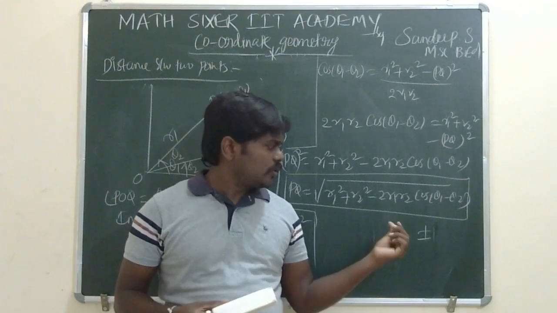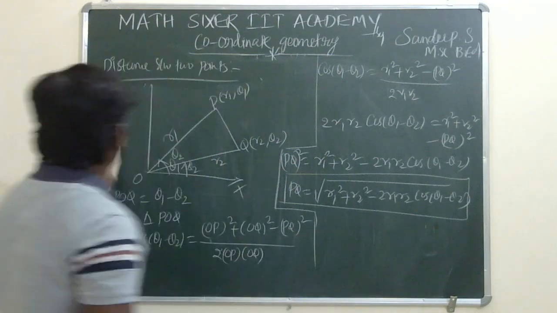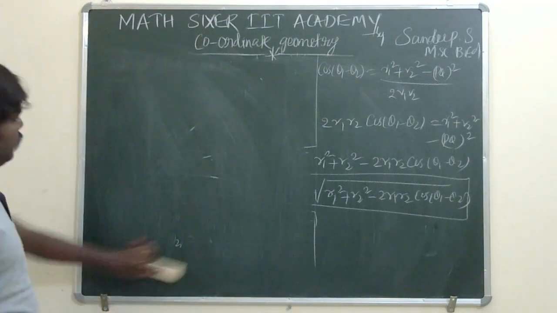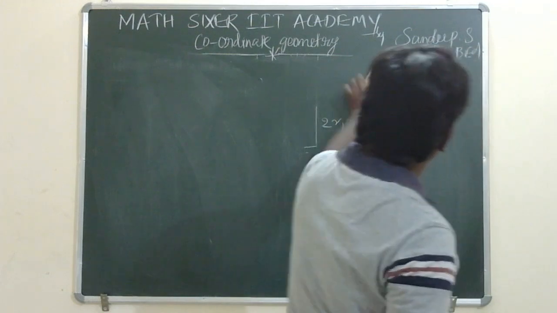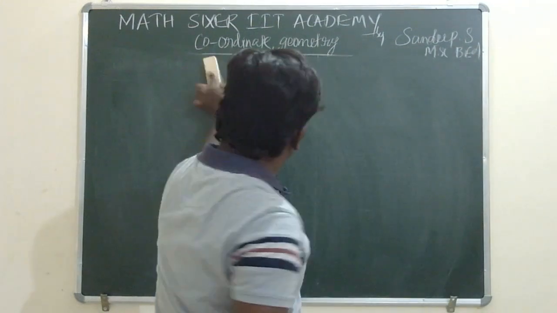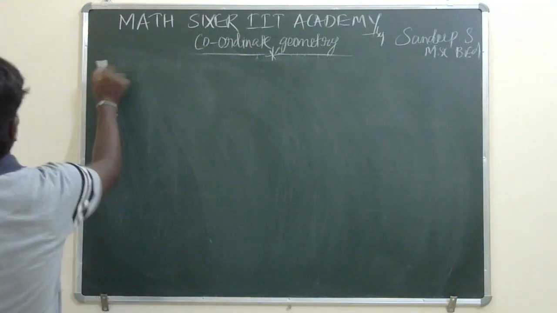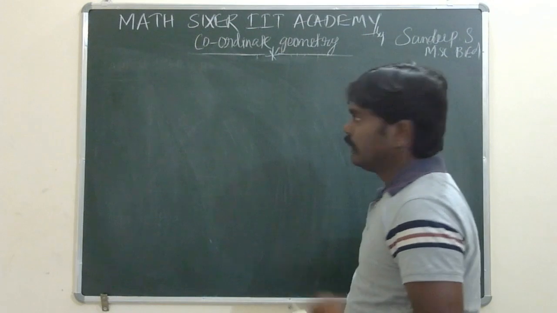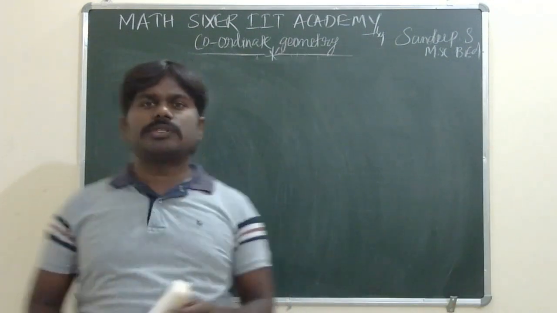Okay, here we will see some important points. Suppose you want to prove that the given triangle is an equilateral triangle, we can use the distance concept.